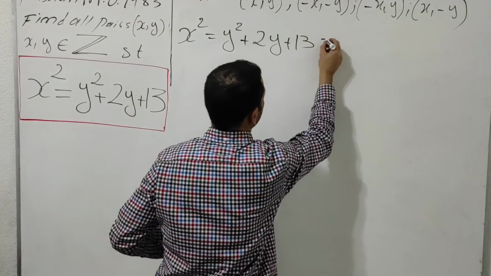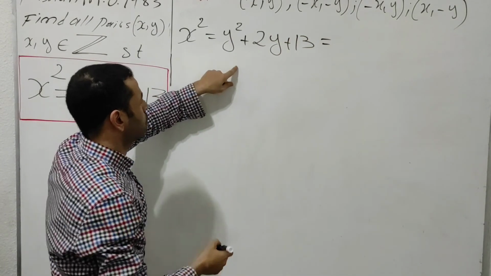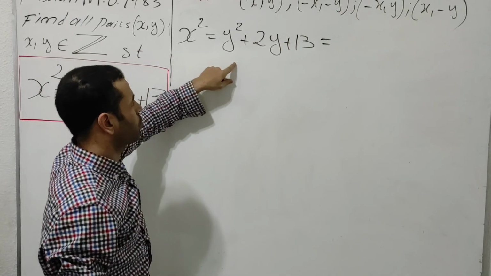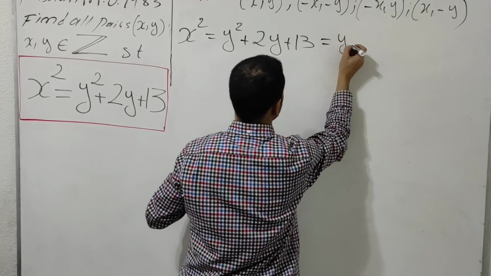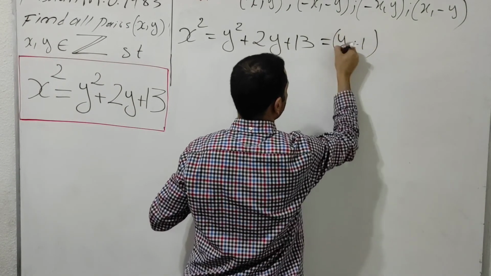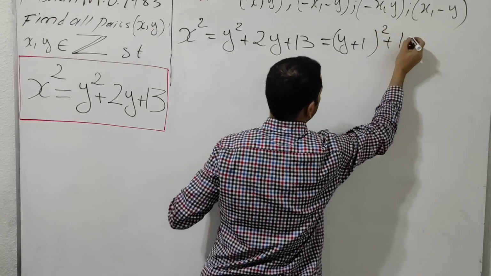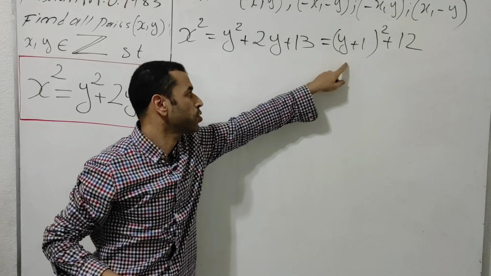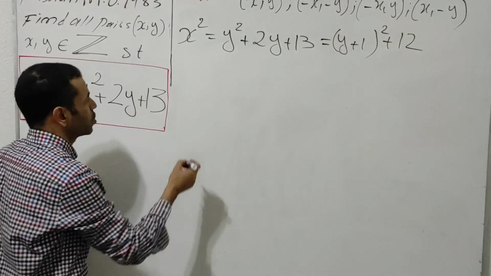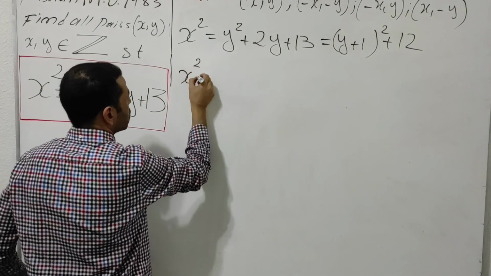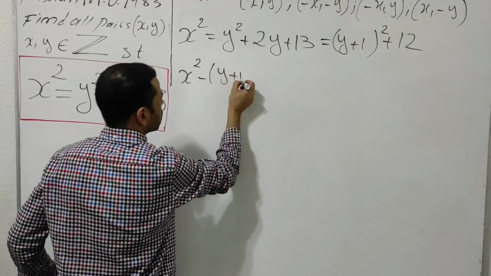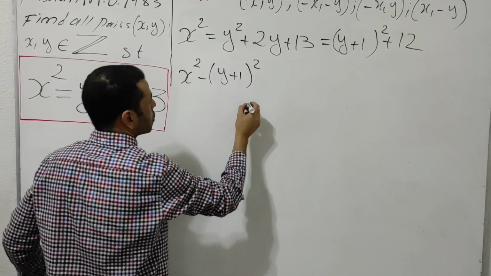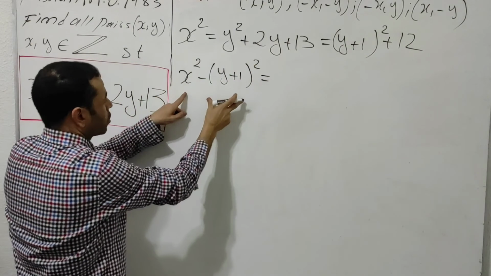I'm going to rewrite this as a quadratic binomial. We get (y plus 1) squared plus 12. I'm going to bring this term to the left hand side of the equation. I will get x squared minus (y plus 1) squared, and I'm going to factor this.